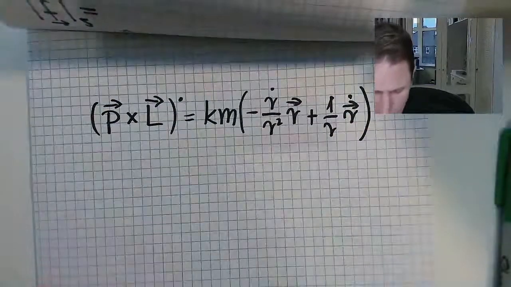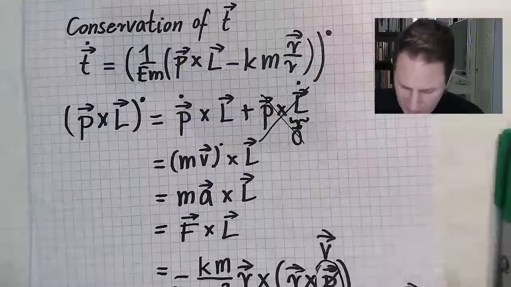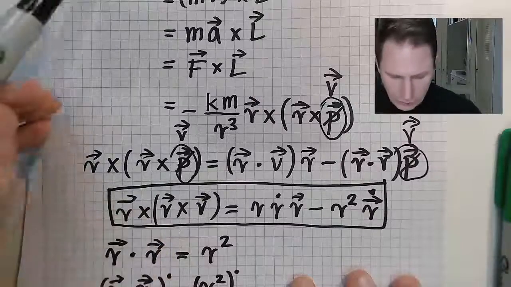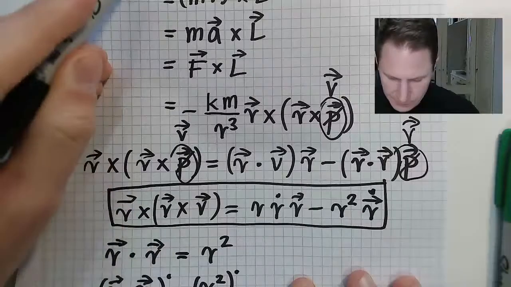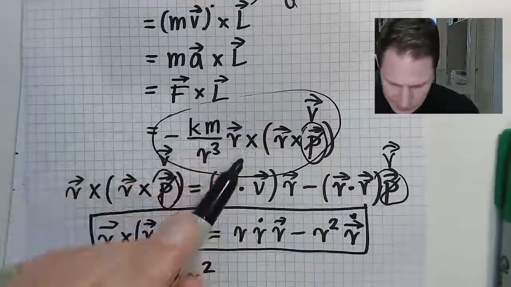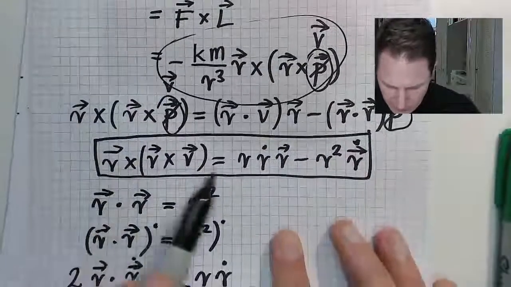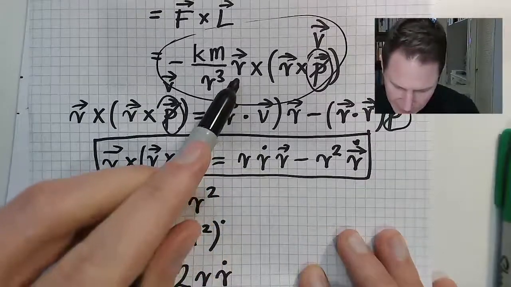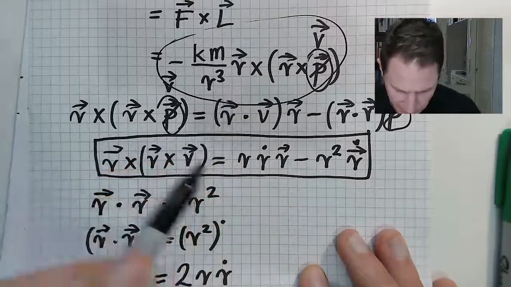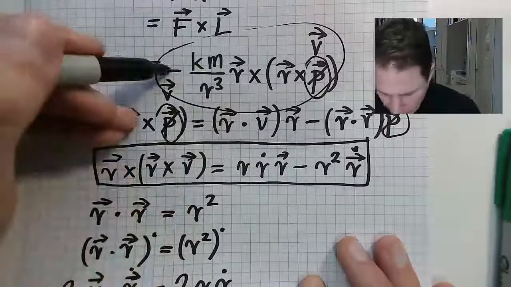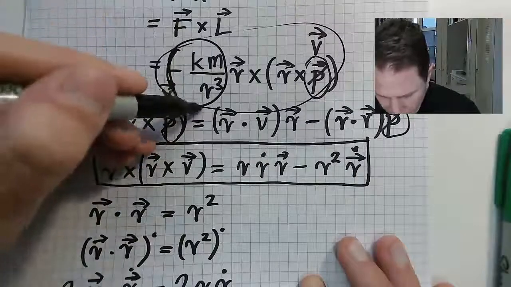Okay, so this was obtained by looking at this calculation right here of P cross L dot. We got to this point where we had to calculate this triple vector product that we calculated and found to be this, and then we have to take the cross product. Then we have to just put everything together. Here we have a certain scalar constant.